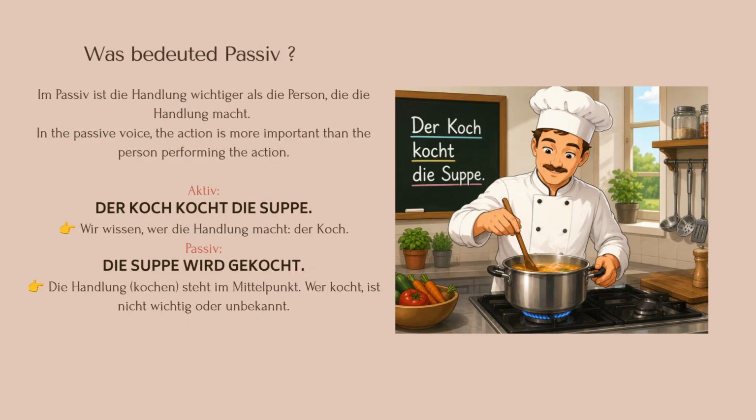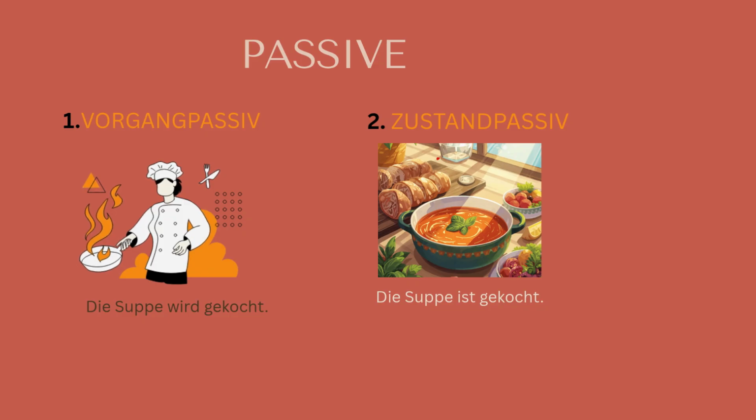Now let's take a look at different types of passive. We can divide passive into two types: Vorgangpassiv and Zustandpassiv. So what is Vorgangpassiv? Here we can see this picture. Die Suppe wird gekocht.